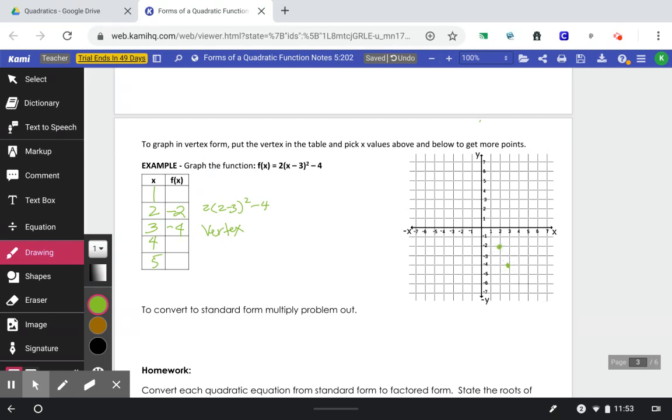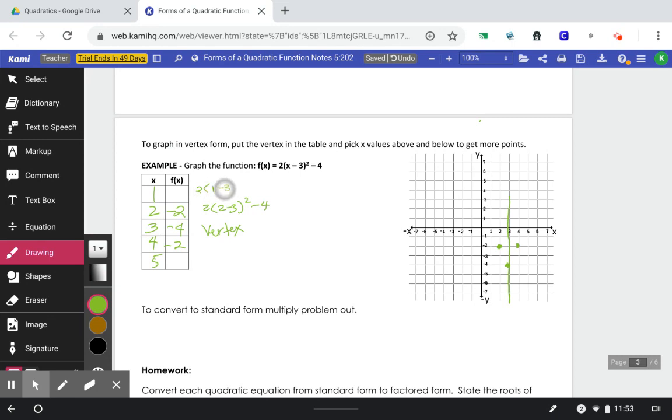Since that's my vertex, this is the axis of symmetry. If I plotted a point at 2, -2, that's 1 unit to the left of the axis of symmetry, I can plot a point 1 unit to the right of the axis of symmetry, and I now have a third point, 4, -2.